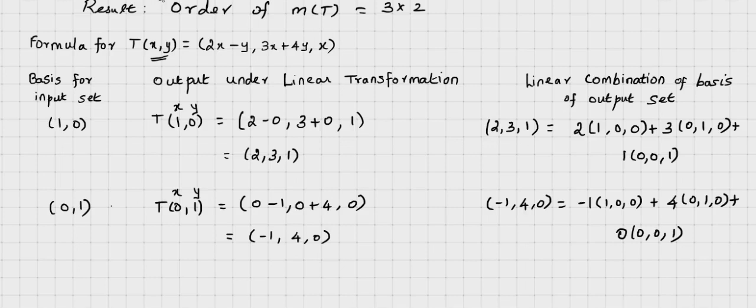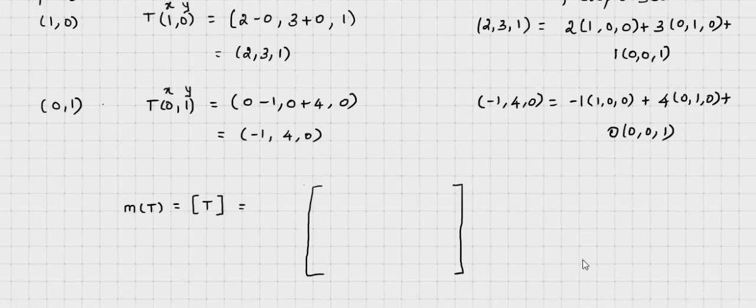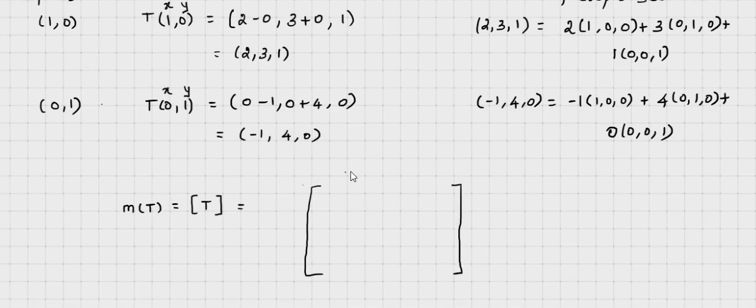See here, what we have to fill out: the basis of the input set, that is E1 and E2. For easier reference we named them initially, this is E1 and this is E2. Column wise we have to fill the basis of the input set, and row wise the basis of the output set.